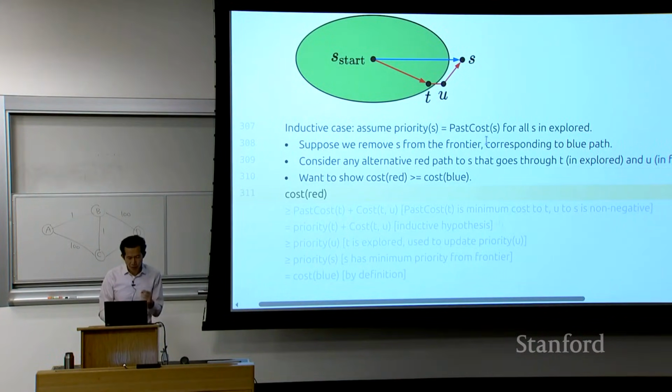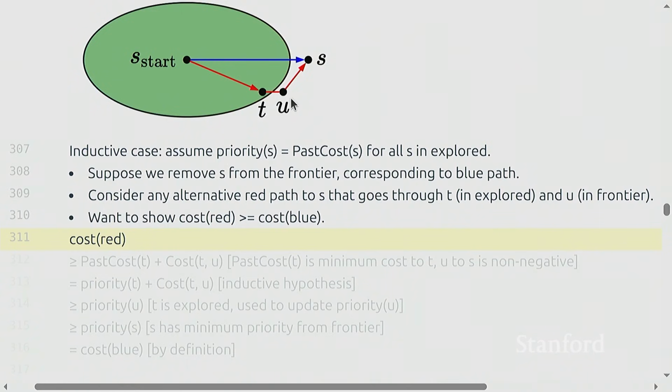Okay, so let's look at the cost of the red path and try to lower bound it. The cost of the red path is at least the past cost of T plus the cost from T to U. Why is this?